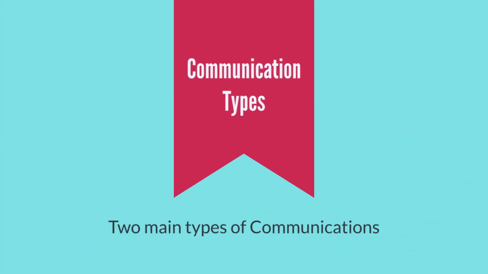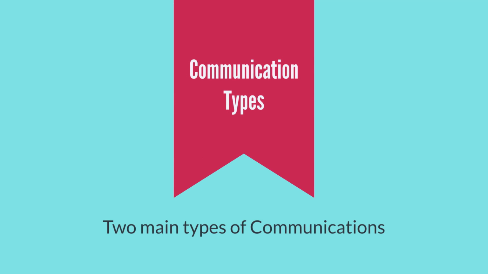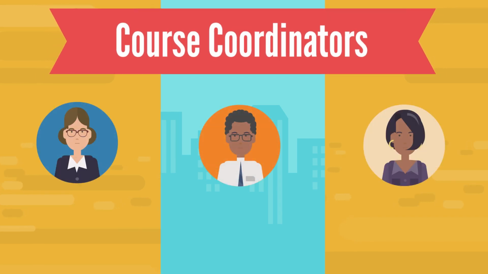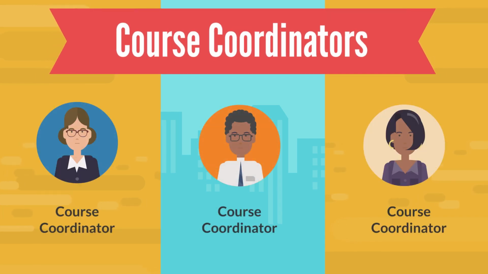Before we go, we'd like to highlight that there are typically 2 main types of communications you'll receive from us throughout the course. The first are communications direct from the course coordinators, who will send you scheduled weekly emails to remind you what you should be doing on the course in any given week.